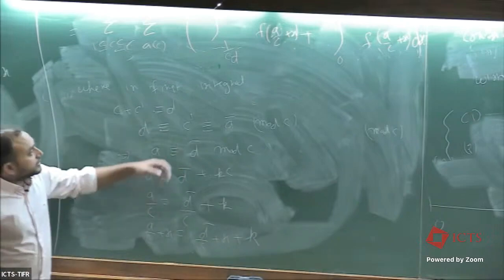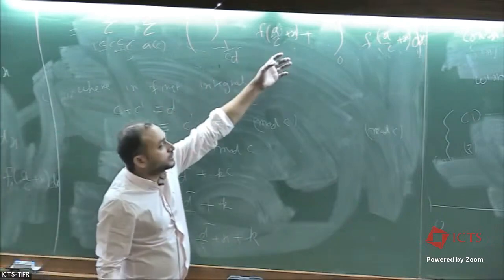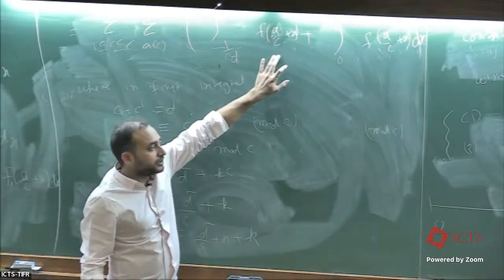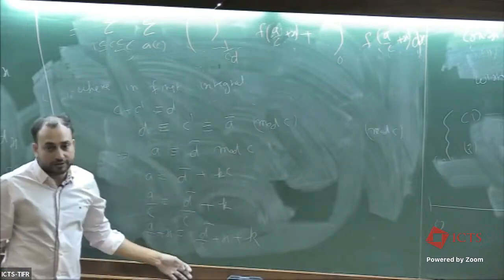So now A by C, which is appearing in this first integral, since f is periodic with period 1, you can replace by this quantity.